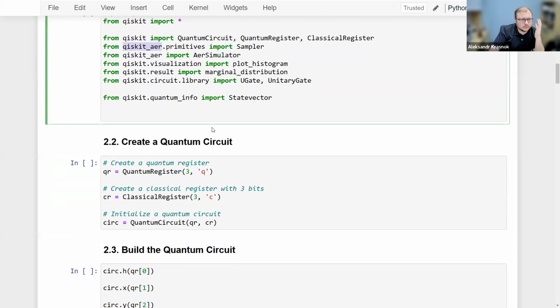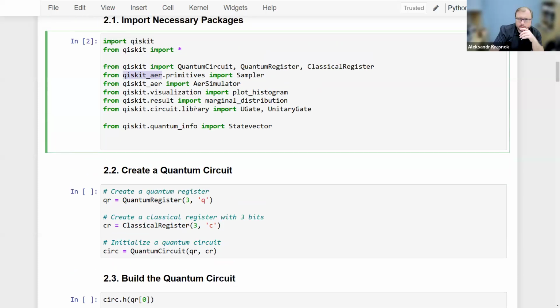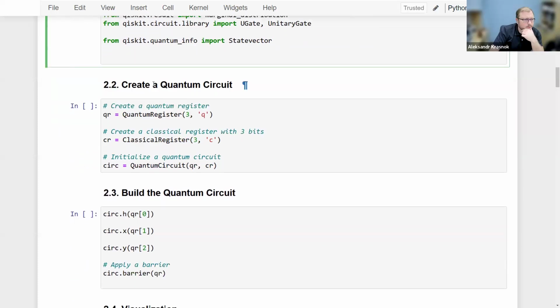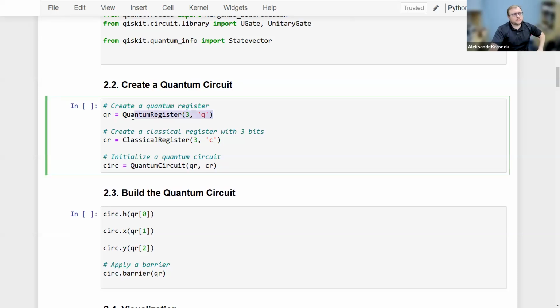All right, so you import the libraries first. Second, you create a quantum circuit. You can start with the creation of a quantum register and classical register, but that's not required.